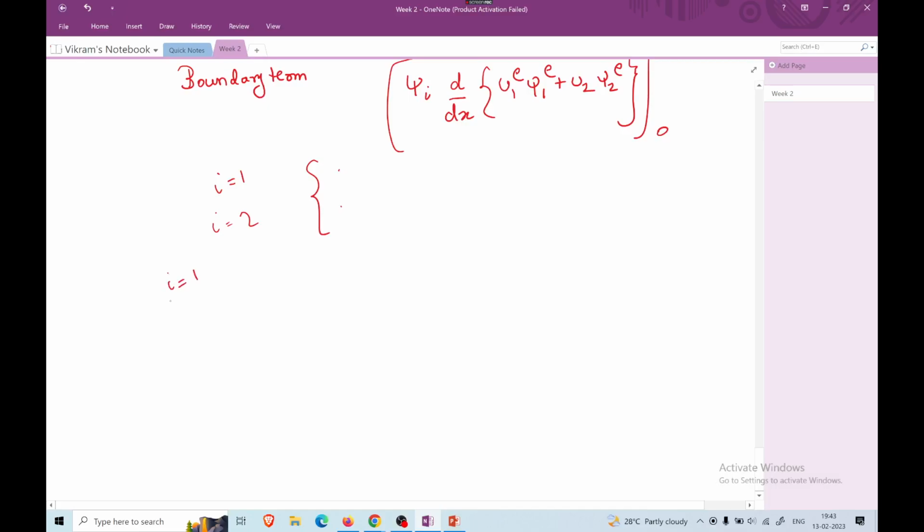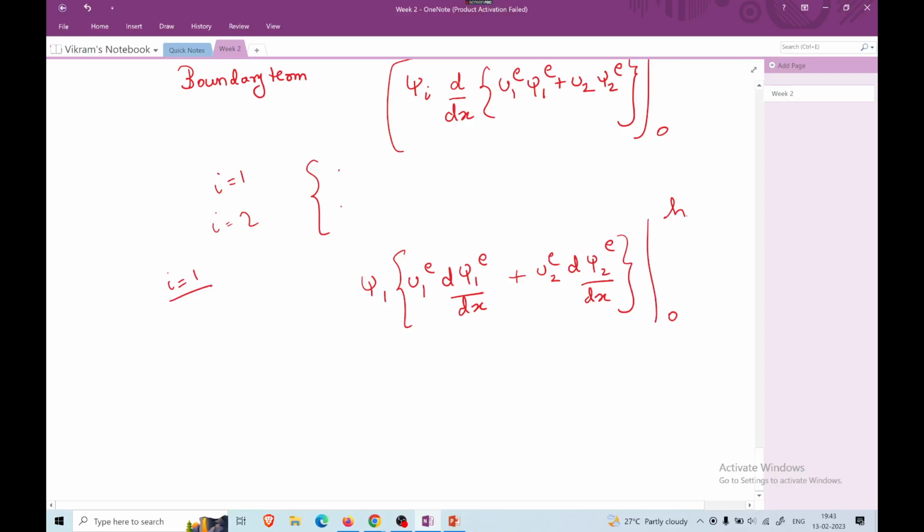So for i equal to 1, psi 1 into this d by dx I am going to expand. Which means it is u1 d psi 1e by dx plus u2 d psi 2e by dx, the whole thing from 0 to h. One thing I can be sure of, psi 1 is equal to 1 minus x by h. At x equal to h, my psi 1 is equal to 0.